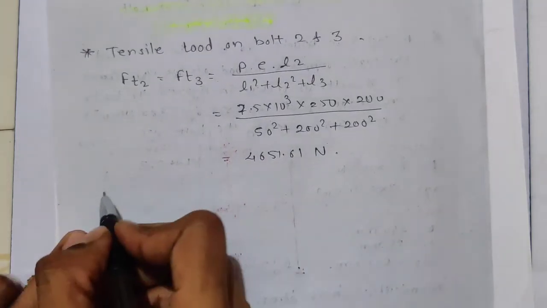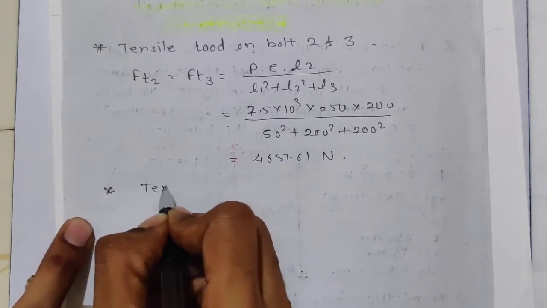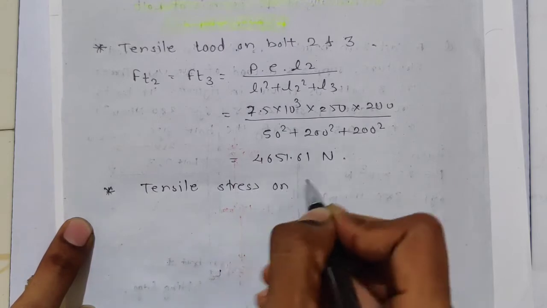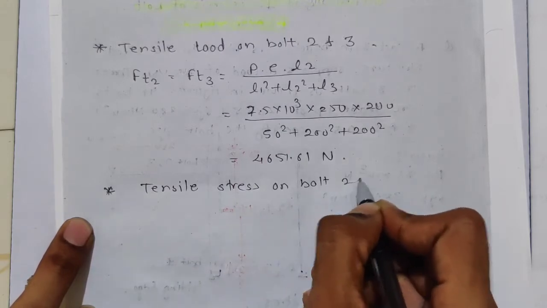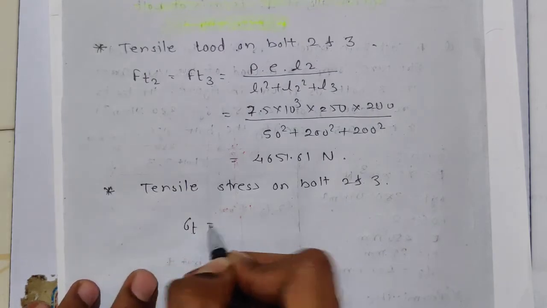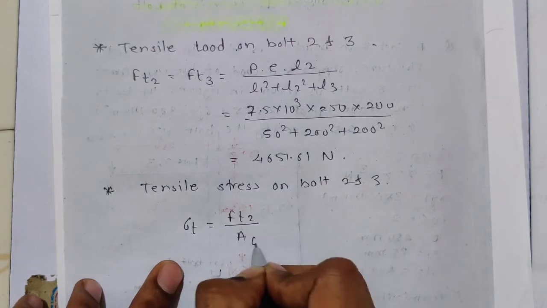Now you have a tensile load, so just find the tensile stress on bolt 2 and 3. What will be the value? Sigma t is equal to this load Ft2 divided by cross section area.